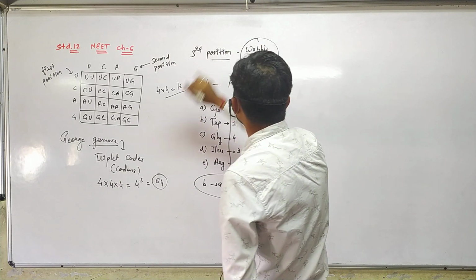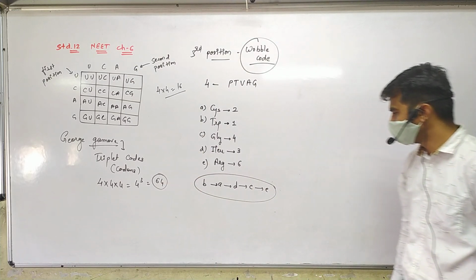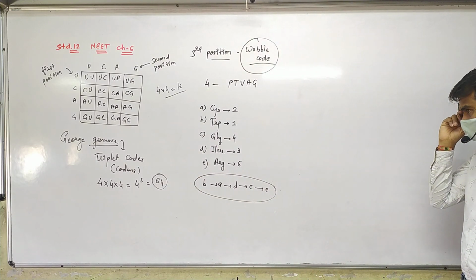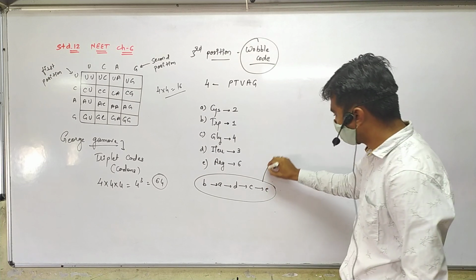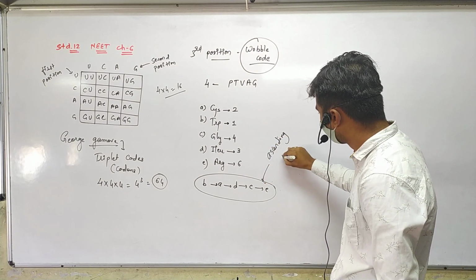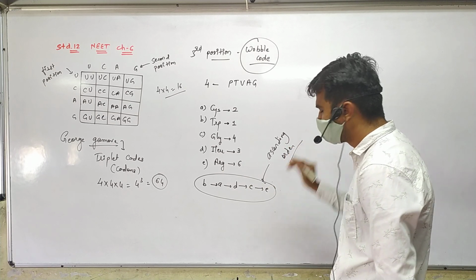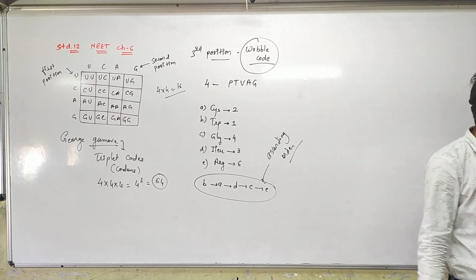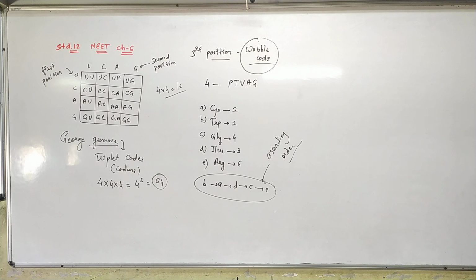This is very, very important. So this is the ascending order. Read the question properly: if the question asks you to arrange the amino acids in descending order, you have to write the opposite way.